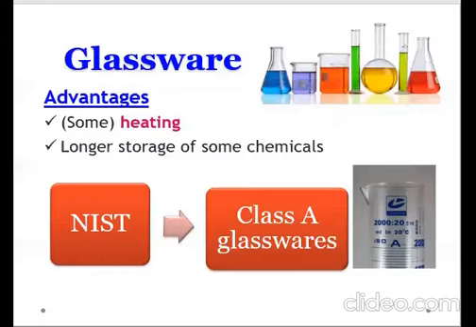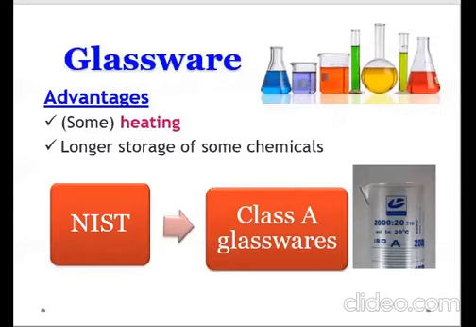Okay? So, what is the difference between Class A and Class B? When we say Class A glassware, these are glasswares that are really suited for the laboratory because they exhibit the highest level of accuracy. Okay, that's for Class A glasswares.